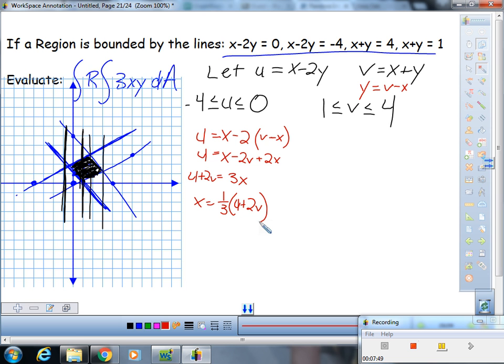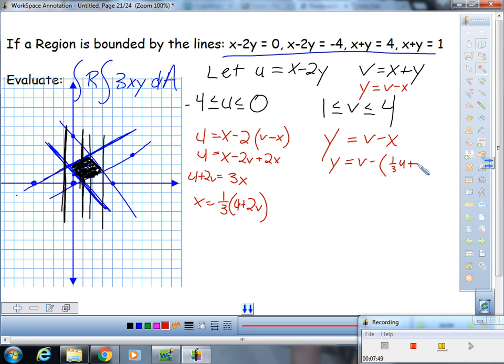So now what do we need to try next? We need to get y as a function of u and v. Well, y is v minus x. So y is v minus 1/3 u plus 2/3 v. Is that a plus?